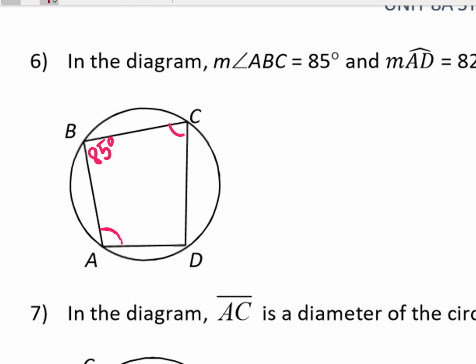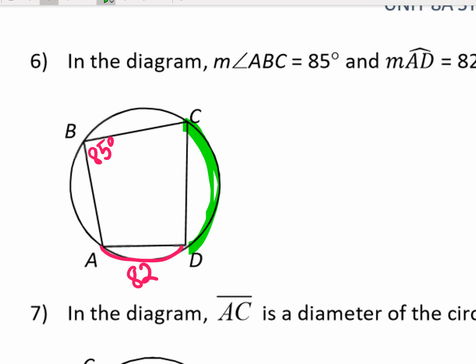And I just put congruency marks there. They're not congruent, they're supplementary. 85 degrees for ABC. And measure of arc AD is 82. And we need to find just DC. So we're looking for this guy.